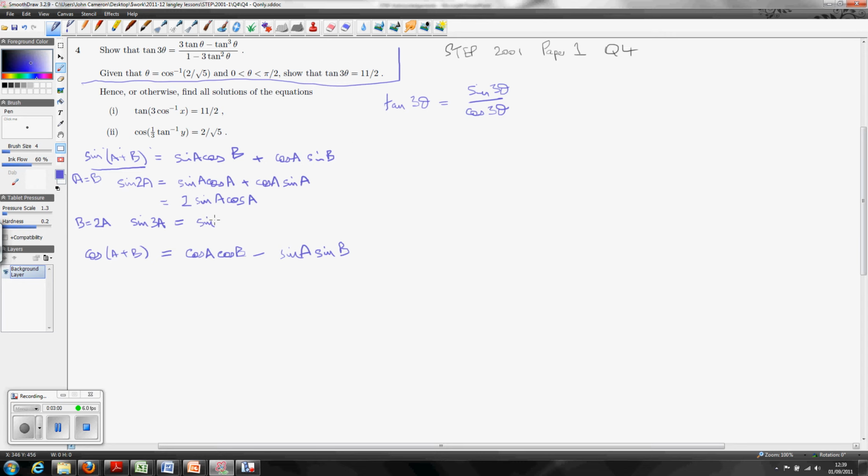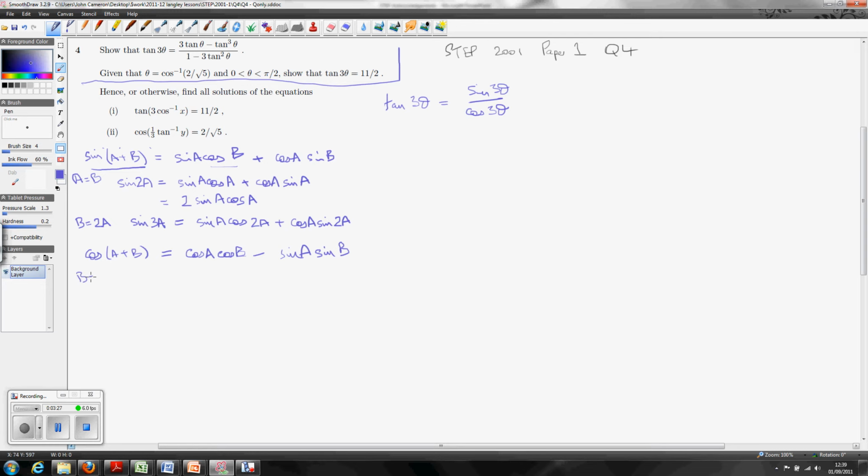So this is equal to sine of A cos of 2A, because B is 2A, plus cos of A sine B, which is sine of 2A. So I'm going to substitute that in, but I need to do the same for cosine here.